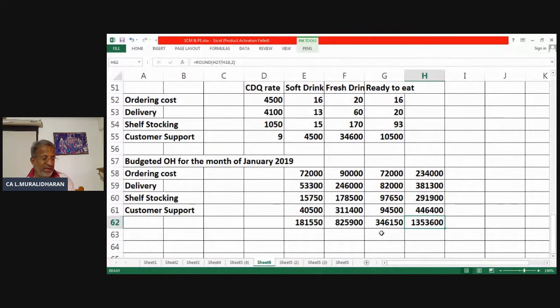It is highly logical. Then compute the total budgeted cost for each activity in March 19, if March 19 has the same budgeted amount of cost driver usage, that means the number of units that we have taken up for consumption in the month of January for preparing the budget. Same thing we would be expecting.